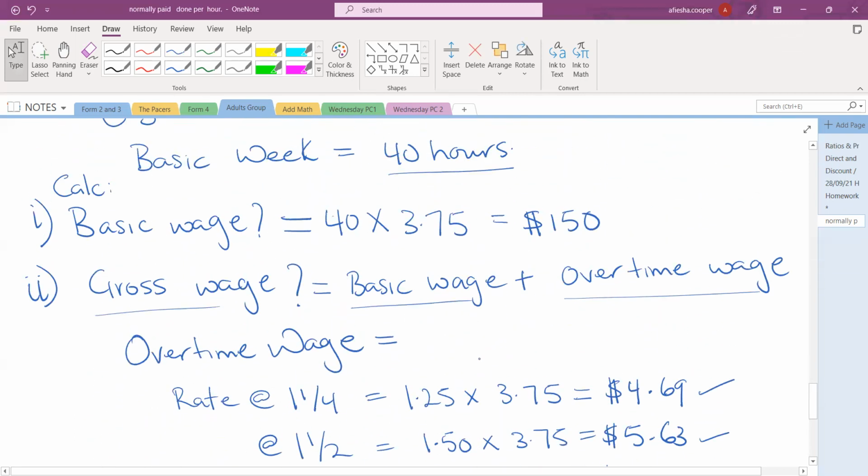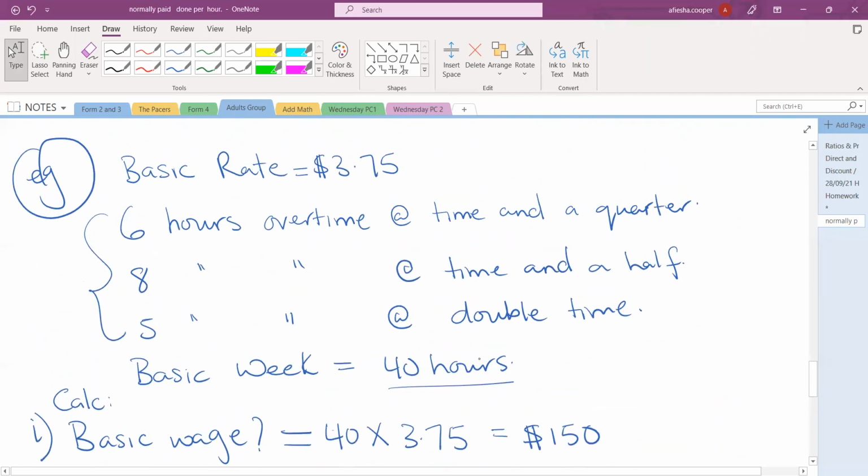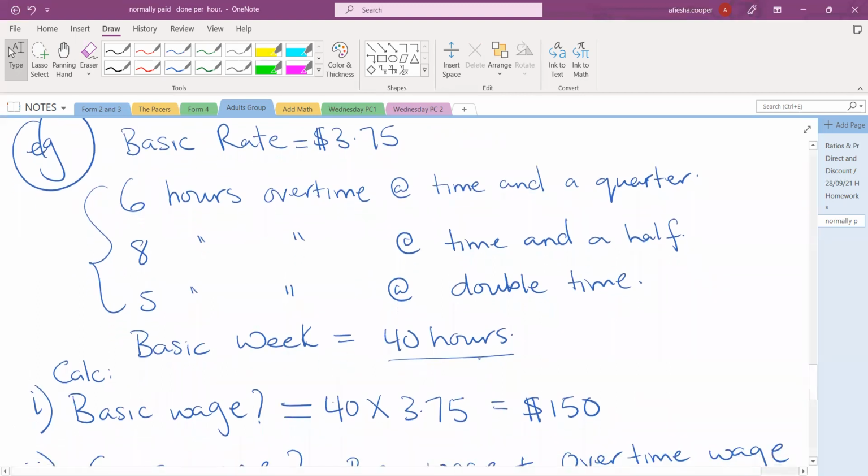Right, so we have someone who is working for an hourly rate, which is called a basic rate, at $3.75 per hour. They are then working 6 hours overtime at time and a quarter, 8 hours overtime at time and a half, 5 hours overtime at double time.